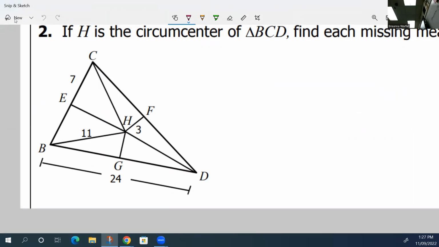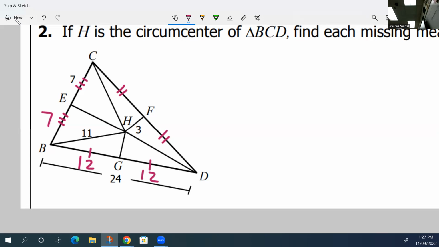We know that these are the perpendicular bisectors, which means each of those sections are congruent. So if we know CE is 7, EB is also 7. If we know the whole side of B to D is 24, that means each of these are half, so that makes those 12. We don't have enough information to know what CF or FD are right now, so we're just going to pause on that.